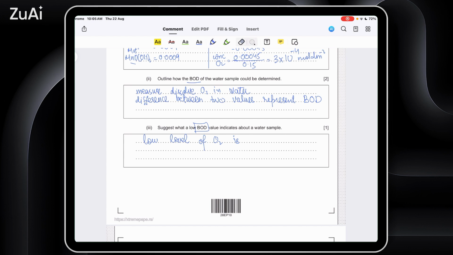That's very important. So low BOD means a low level of oxygen consumed.